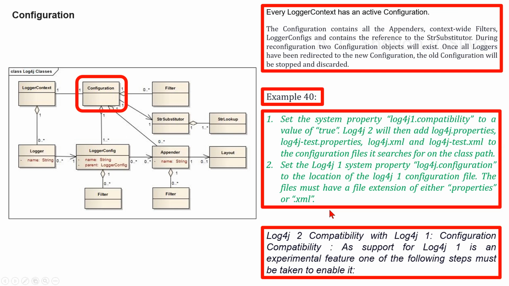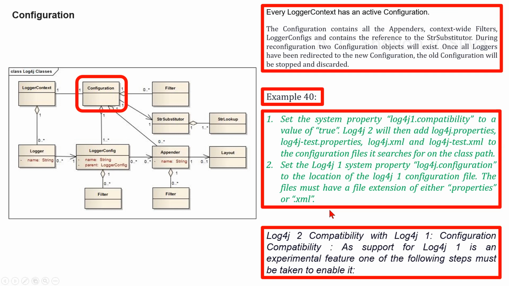This means that while the behavior of these components will be similar, they may not be exactly the same. For example, XML generated by the XML layout may not exactly match the XML generated by the Log4j1 XML layout. In addition, Log4j2 supports custom Log4j1 appenders, filters and layouts with some constraints. Since the original Log4j1 components may not be present in Log4j2, custom components that extend them will fail.